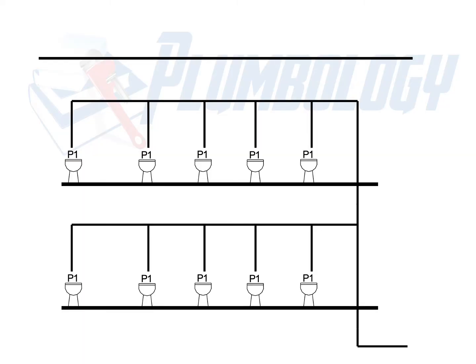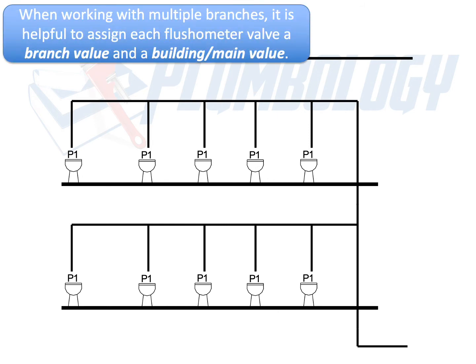Starting our discussion with this drawing, we see that we have a 2-story building with water closet flush valves on each floor. Counting them up, we see that we have 5 flush valves per floor. When we work with multiple branches, it is helpful to assign each flush valve a branch value and a building value.